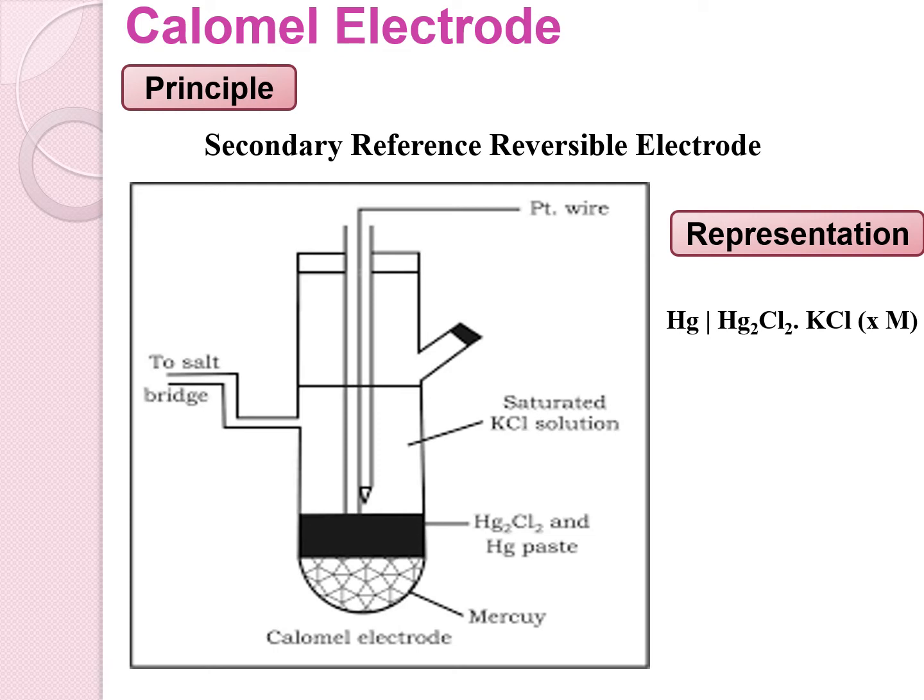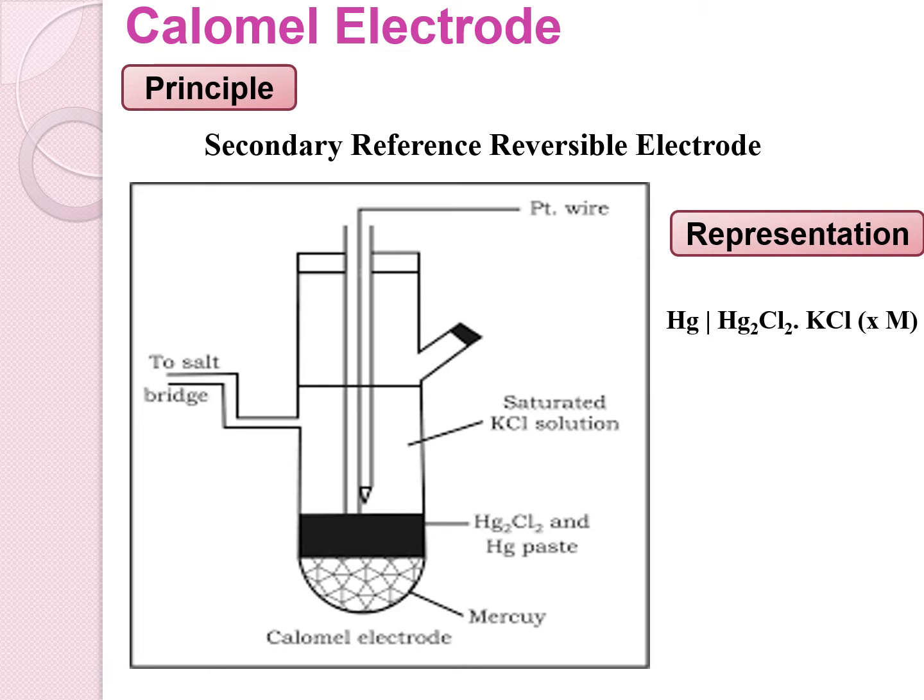On the right side we have one opening to pour the KCl solution, and on the left side we have the salt bridge so that we can connect this calomel electrode with the other electrode system. Now how can we represent it?